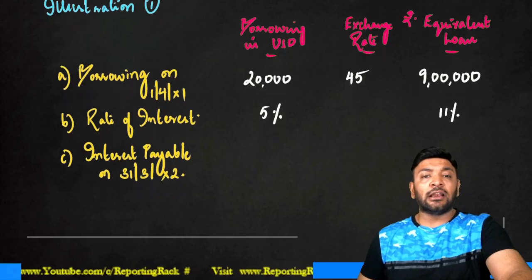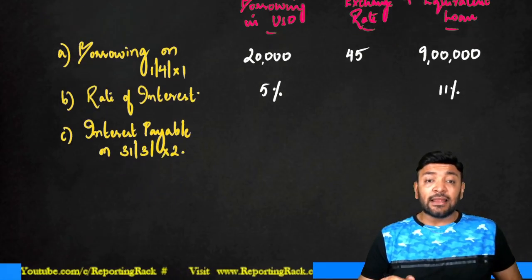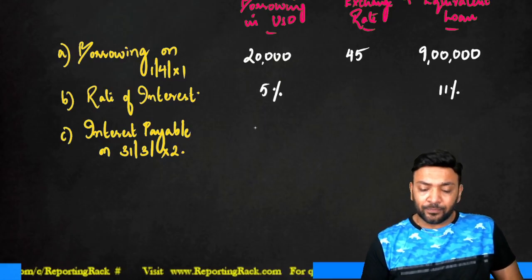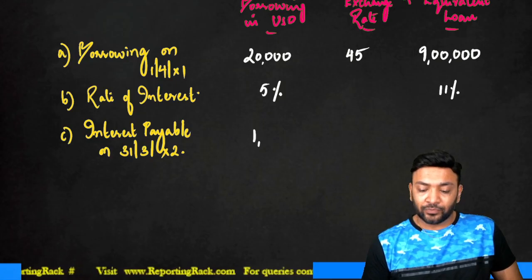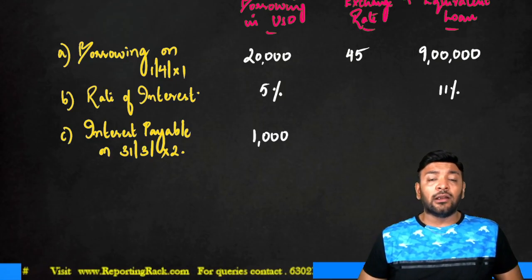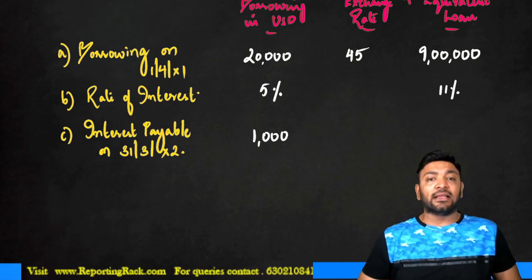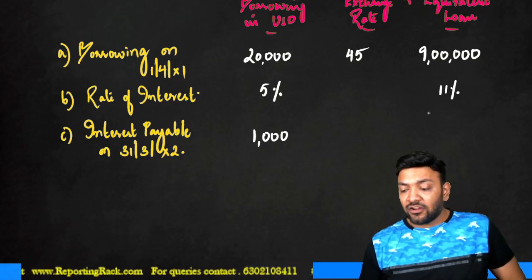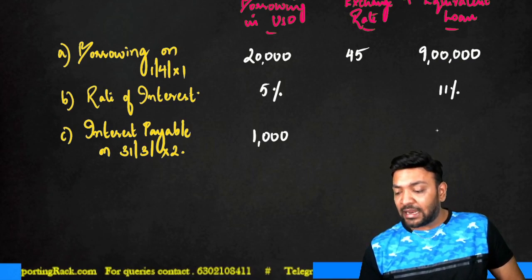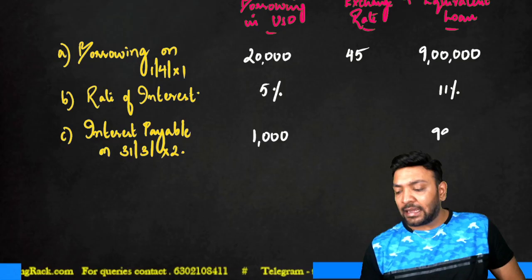If I'm trying to pay the interest, then 5% on 20,000, calculate and check. This will be $1,000. You don't need a calculator for 5%, guys. Divide it by 20. That's it. If I was going for a rupee equivalent loan, then I would have been paying an interest of 99,000.